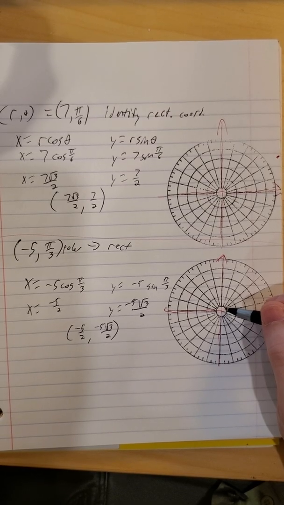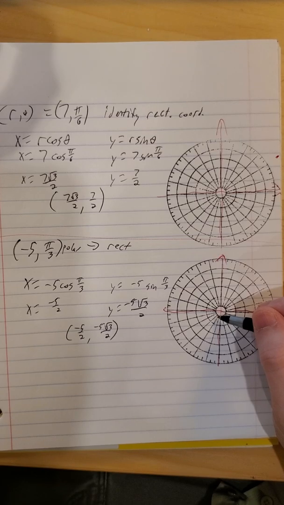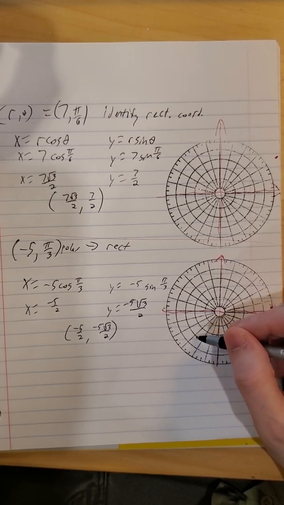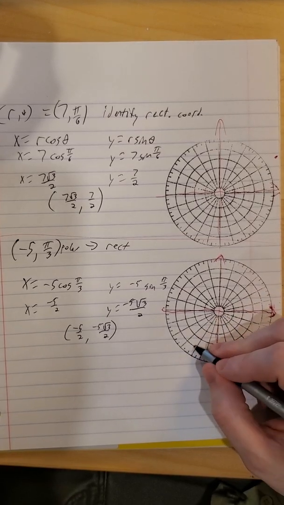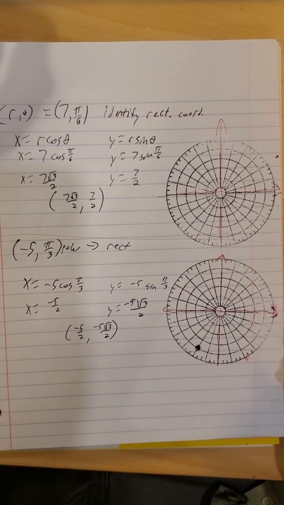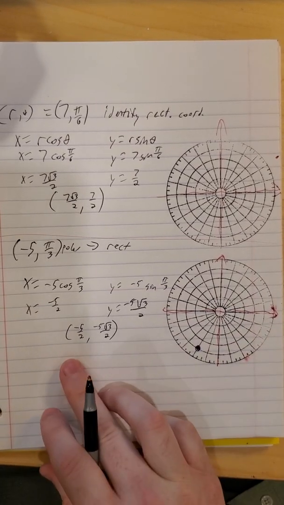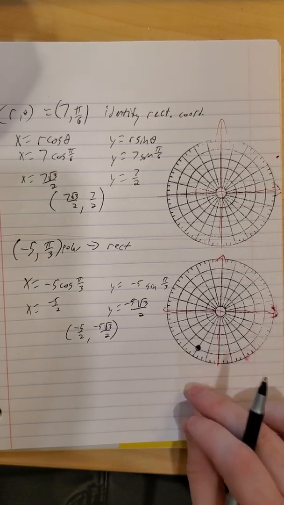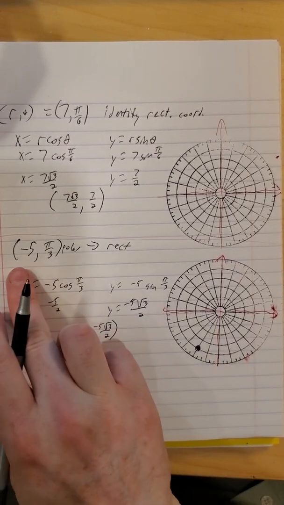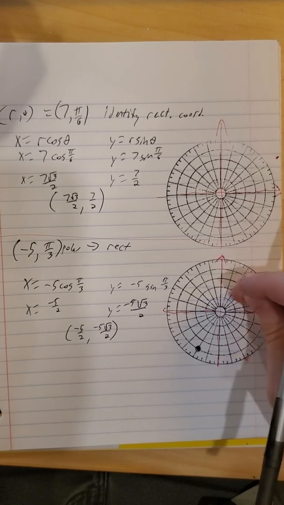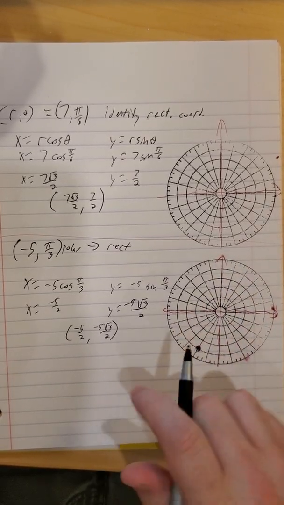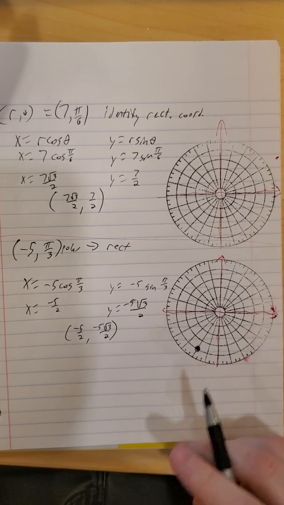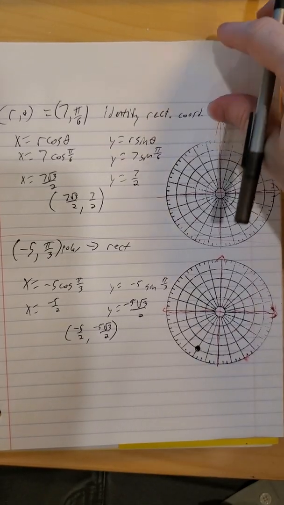So going 1, 2, 3, 4, and 5. So we're right down here. So negative, negative, it does fit that we're in Q3 based on the angle and the fact that the radius was negative. So instead of moving up and right, down and left. All right.